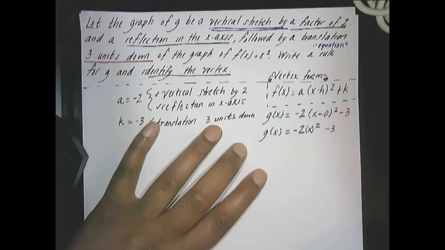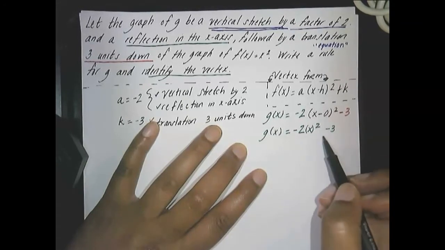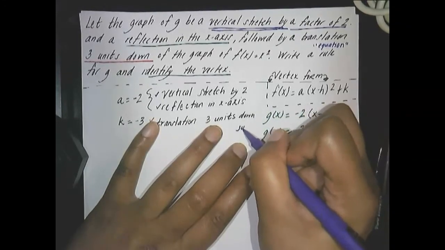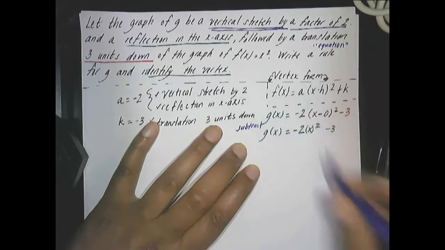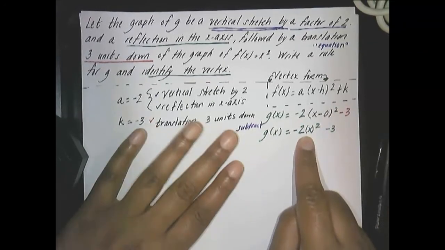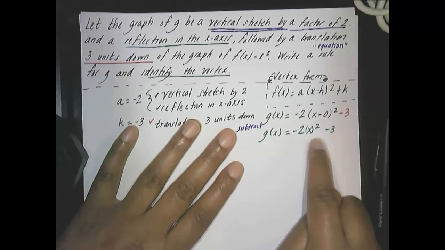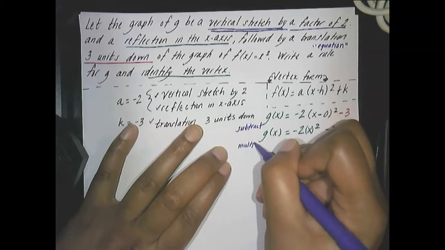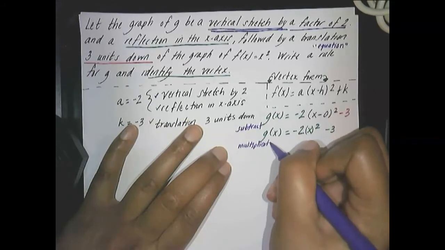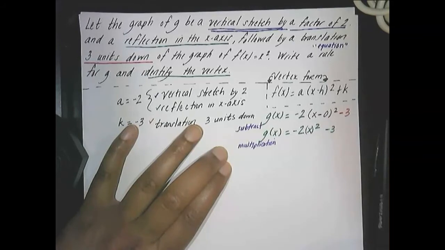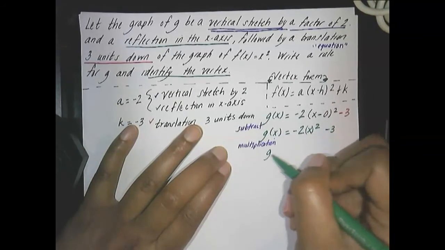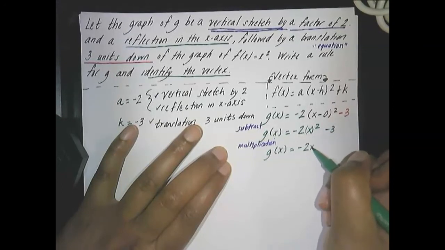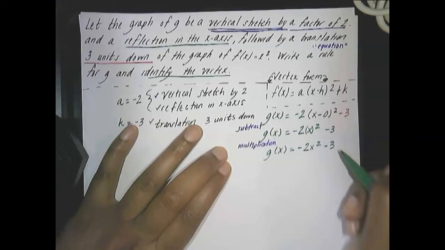All I did in this step is subtract 0, which really and truly we just got rid of. Then I can simplify by doing a little bit of multiplication, because I want to get rid of those parentheses. They're really not needed. So I can write this as g of x equals -2 x squared minus 3.